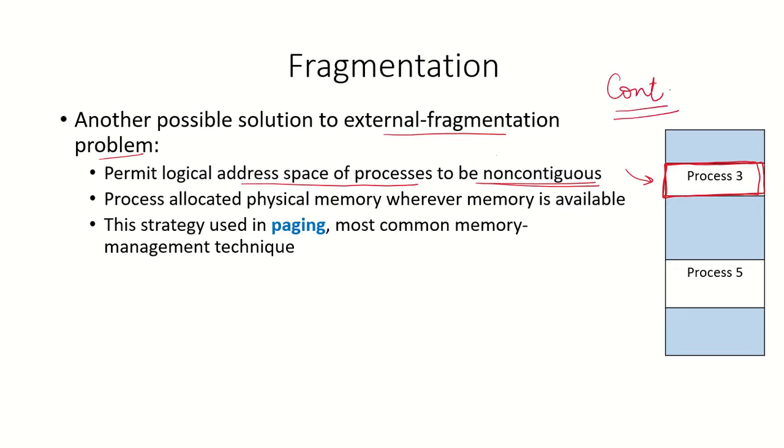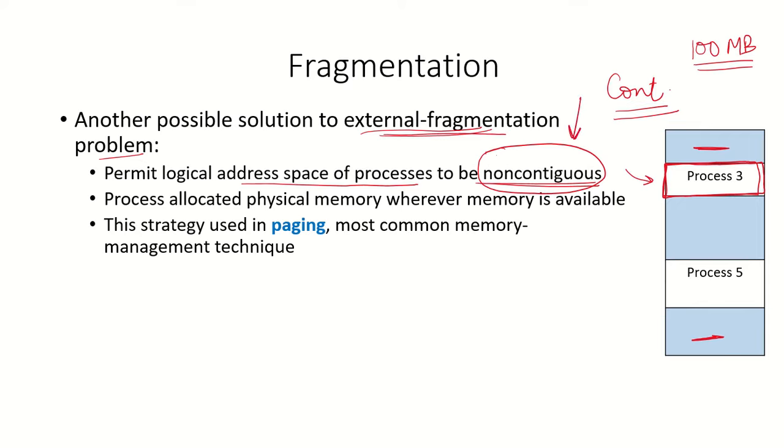So if we want to avoid this problem of fragmentation, what we can do is use non-contiguous memory for that process. That means a particular process can be broken down. Let's say the requirement is for 100 MB, then a part of the process can be put somewhere in this section, another part can be put in another section, and so on.